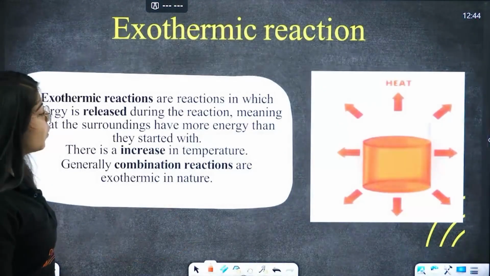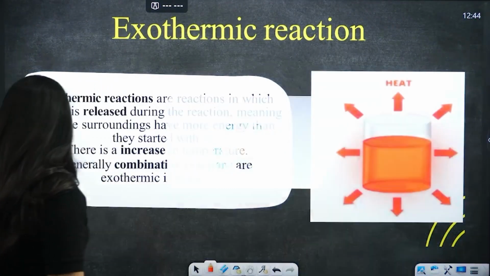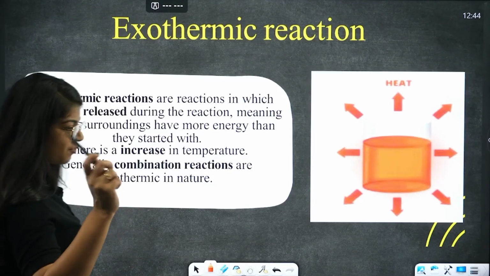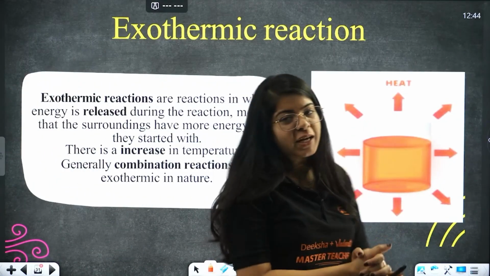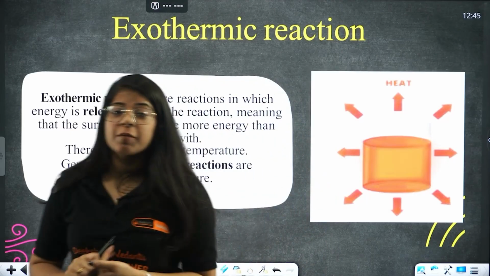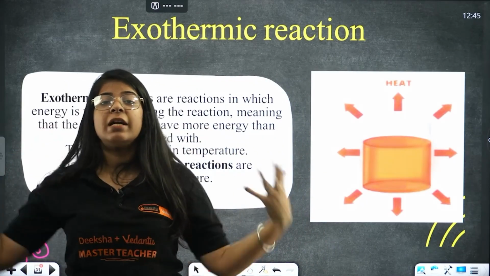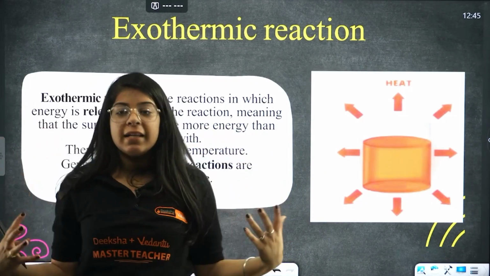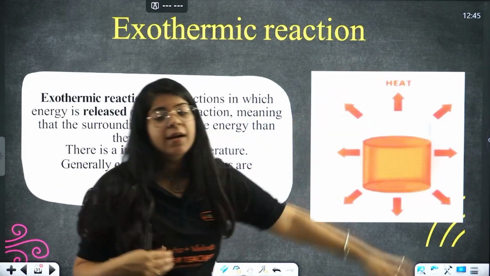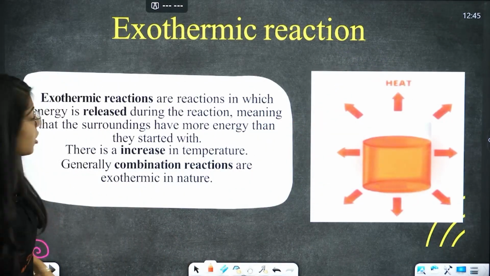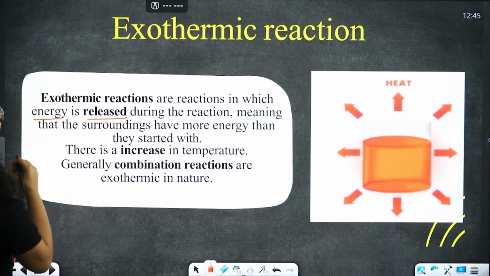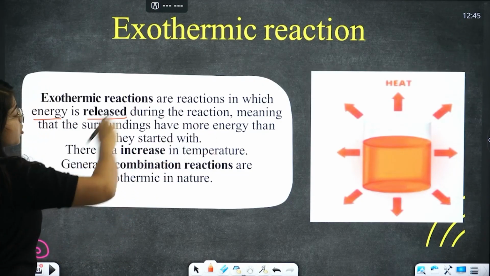Let's move on to exothermic reaction. We have a few pages left. Now, very quickly, let's study what exothermic reaction is. Exothermic reactions are reactions in which energy is released, heat is released. Whenever heat comes out, it is called an exothermic reaction, meaning that the surroundings have more energy than they started with.